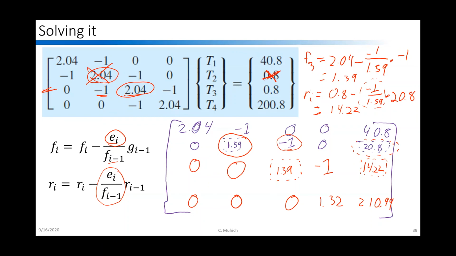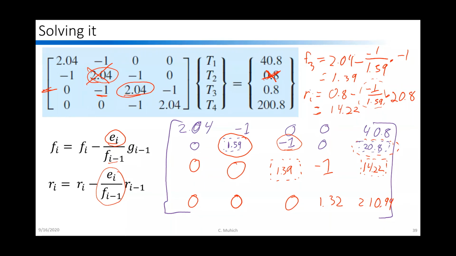So now we're ready for back substitution, solving for and determining what T1, 2, 3, and 4 are. I'm not going to go through that because that's going to look exactly like we saw in that base case Gaussian elimination. But I will show you what the answer is.